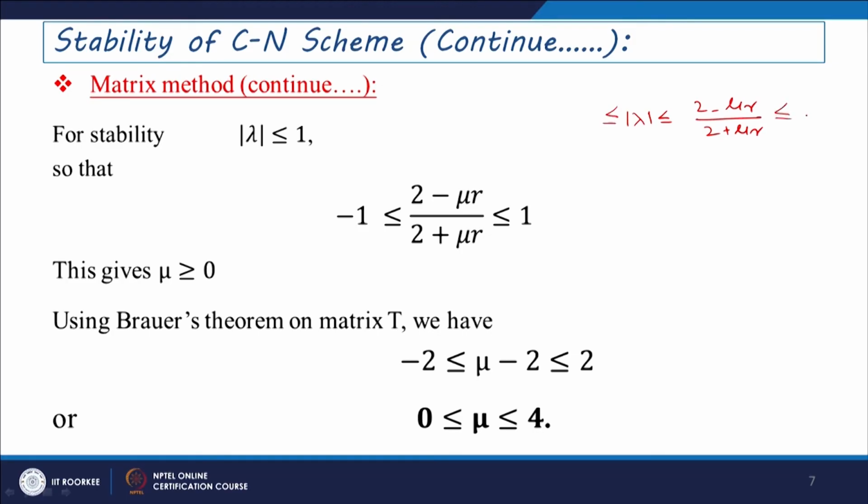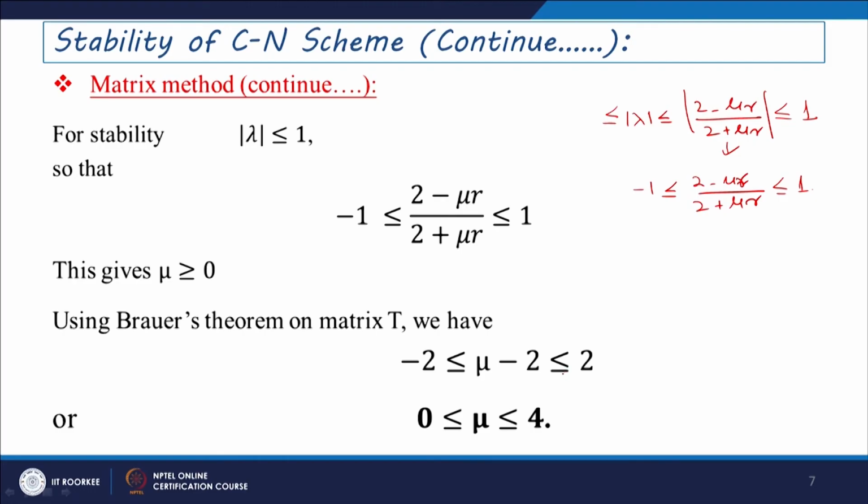Since it is considered as 1 here, we can write this absolute value is also less than 1 there. So if we write in this form, then we can write this as minus 1 less than or equal to (2 minus mu r) by (2 plus mu r), which should be less than or equal to 1 there, and which gives the value that mu minus 2 lies between minus 2 and 2.